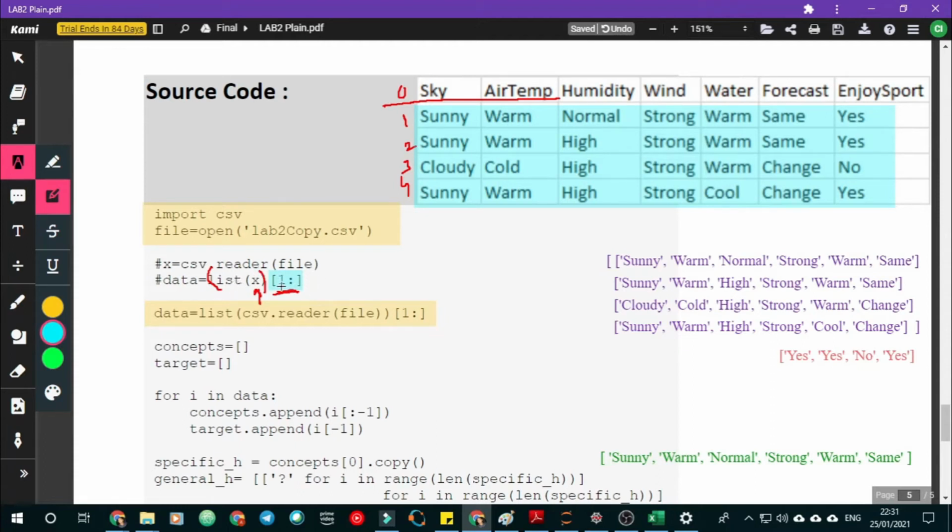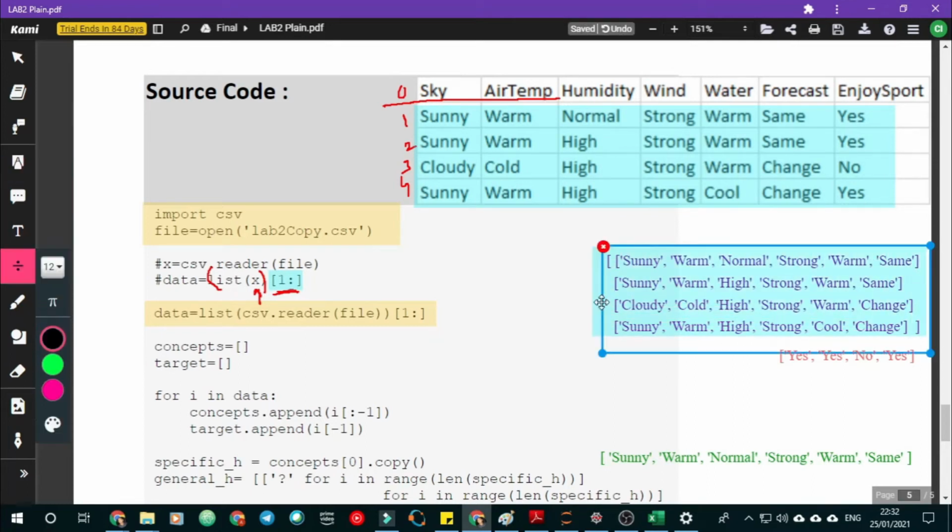So this is from the first row to the last, means there is no end. How many data samples we have? That many rows. From the first data sample excluding the 0th, 1, 2, 3, 4 will be stored in data. So data will be now like this. This is data.